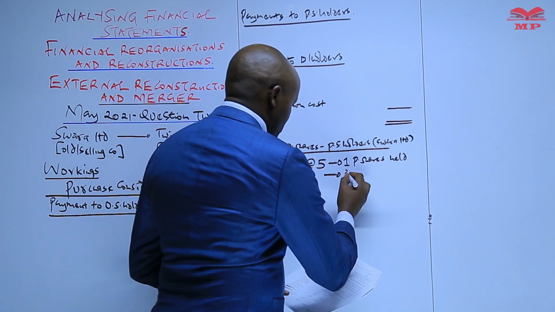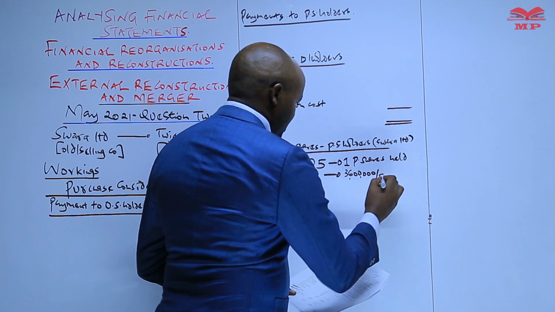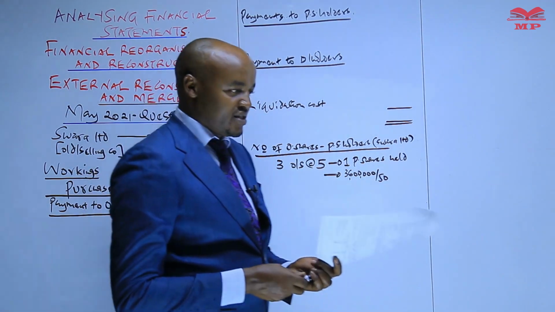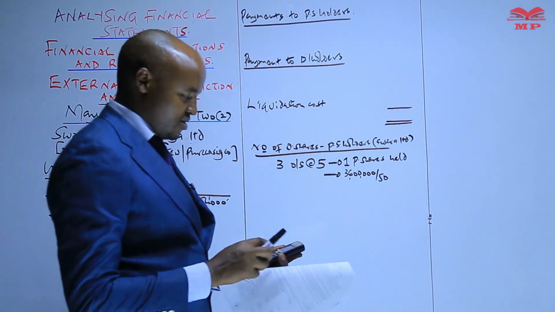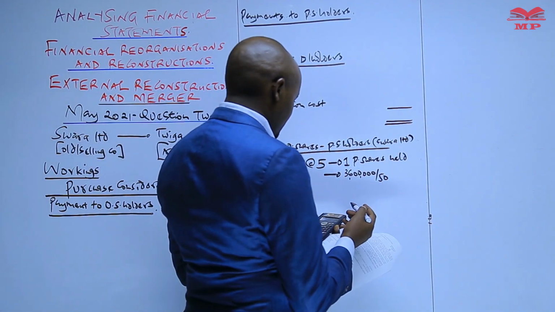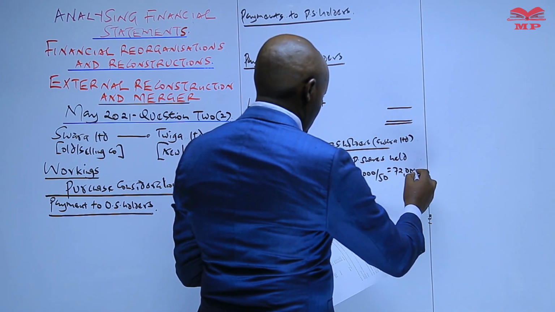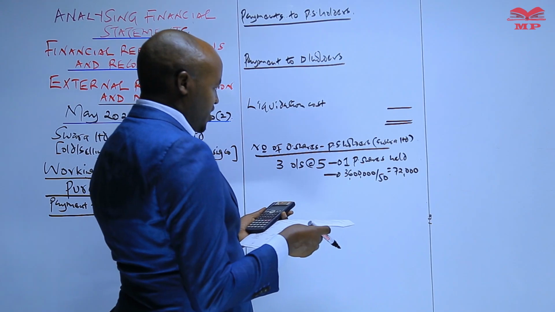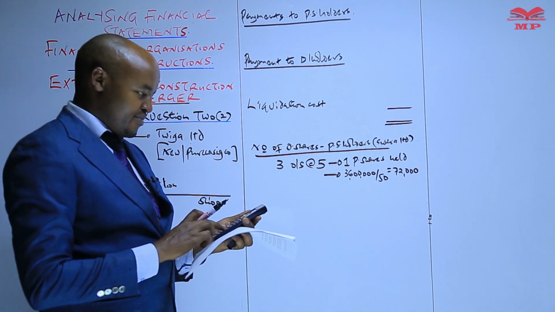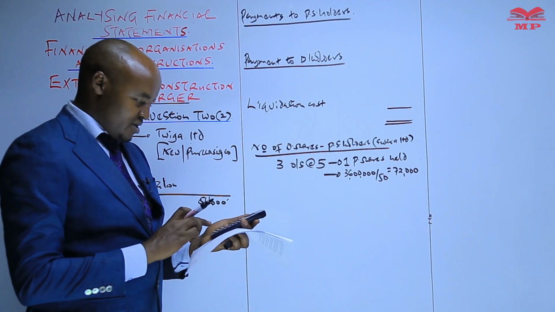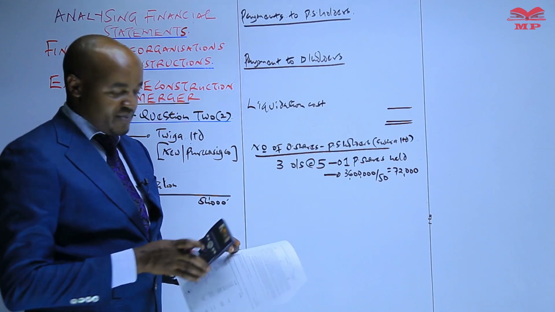So this will be equal to 3.6 divided by 50. So let's work that out. We compute that, and that will give us 72,000 shares. So these are the preference shares issued by Swara. Let me confirm that that is correct. Yes, there will be 72,000.